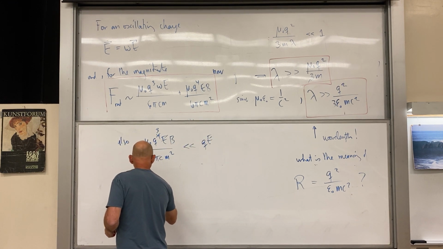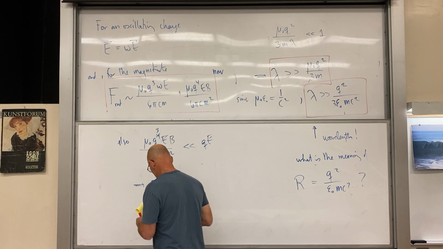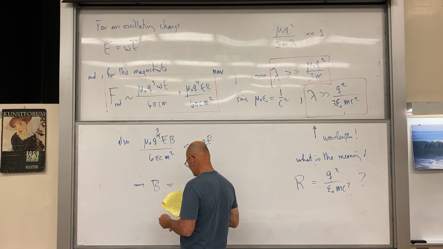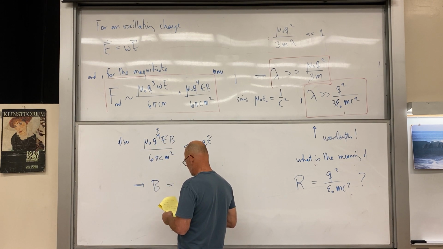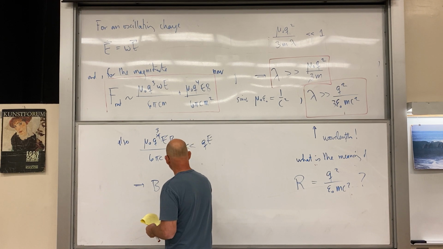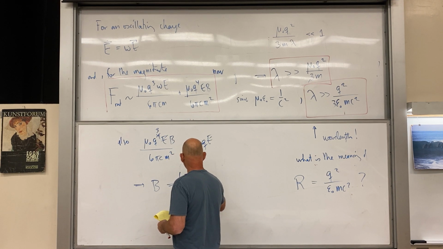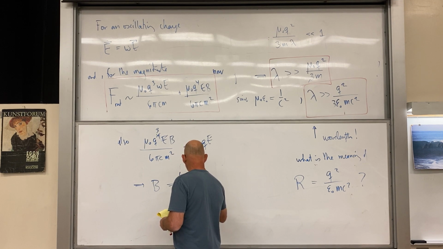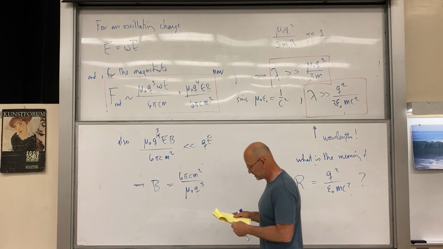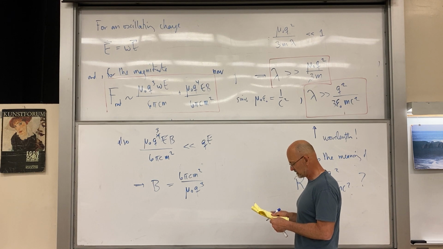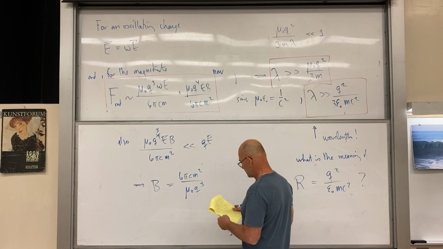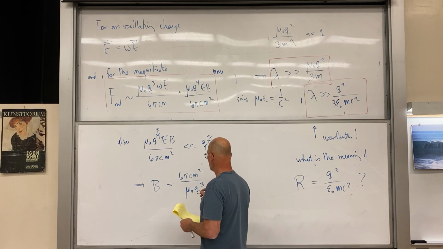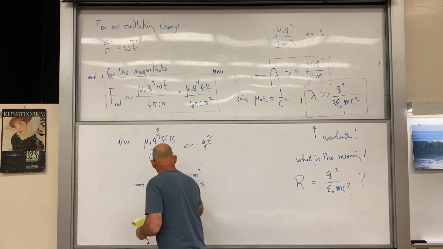And this one we'll just solve for. So B much less than 6 pi C M squared over mu naught Q to the 3rd. Much less than, okay.